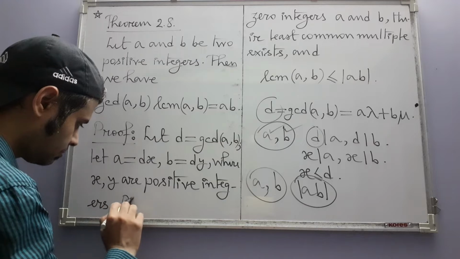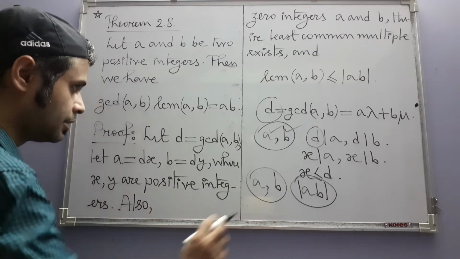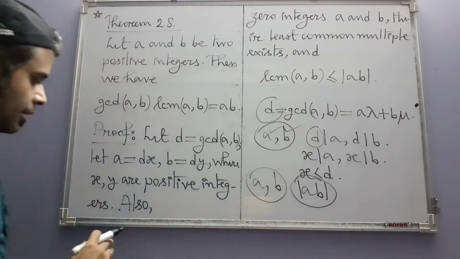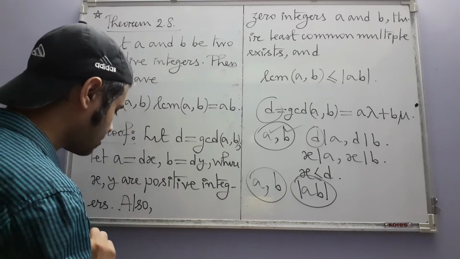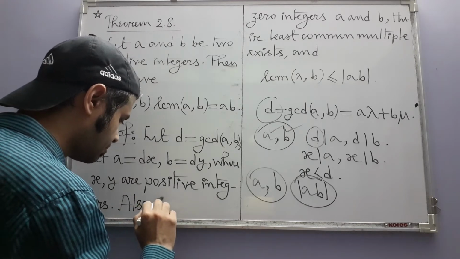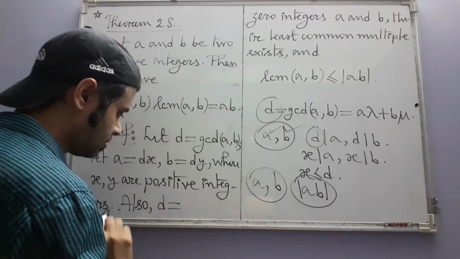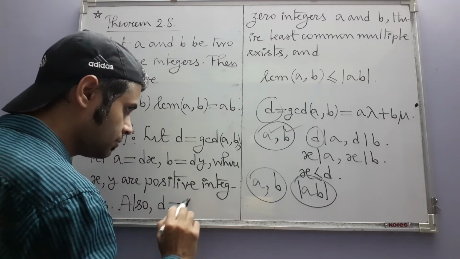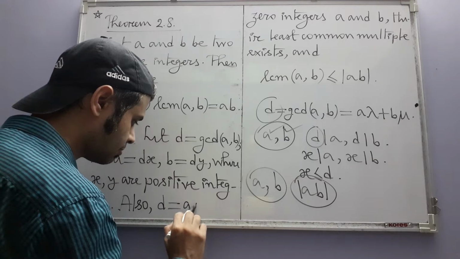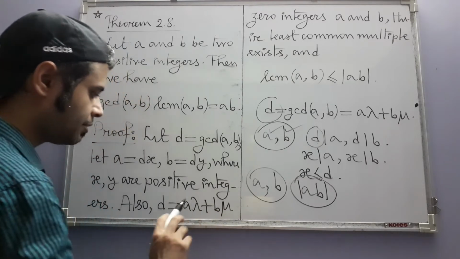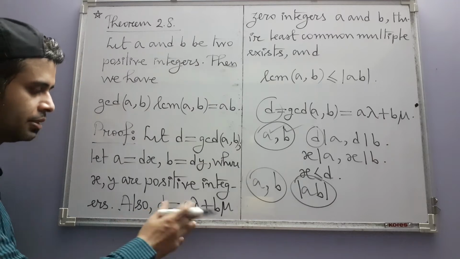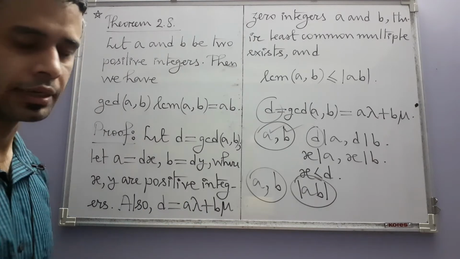Also, we know that this relationship, so that also we will have to use it. So let's just write that. Also, D is equal to, let's take that one itself, A lambda plus B mu. Lambda and mu, however, need not be positive or anything like that.